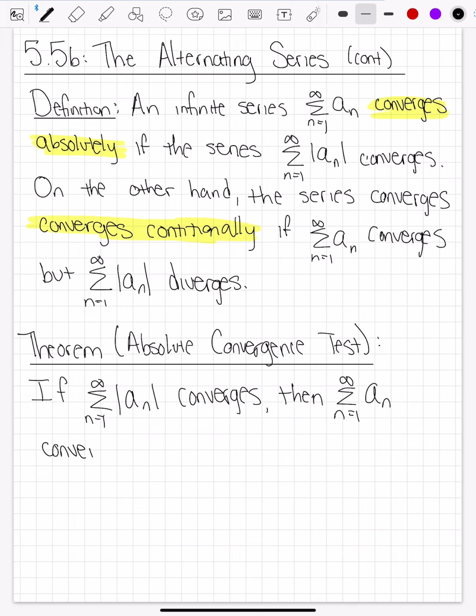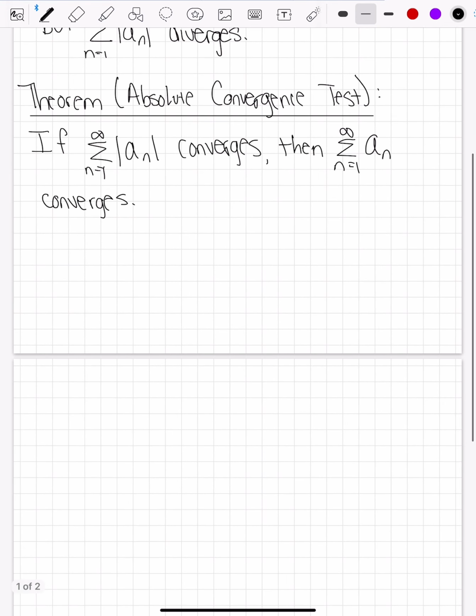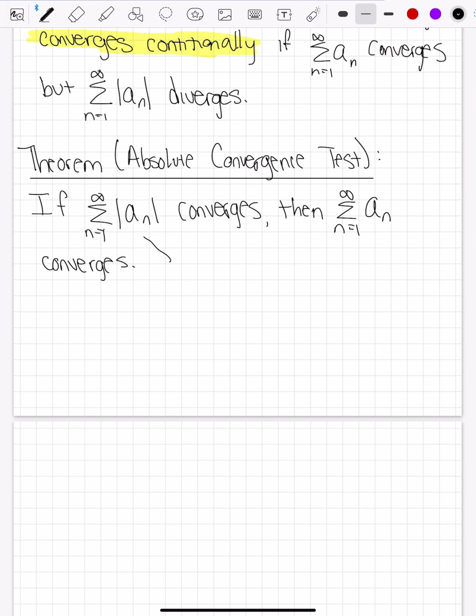And that makes sense because in the original one, things can cancel out, whereas in the absolute value one, we're making everything positive, so you have more of a chance to go to infinity with all positive terms versus having some terms potentially cancel out with the negative signs.